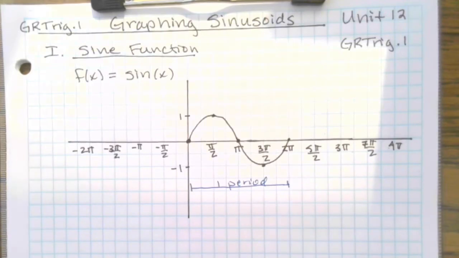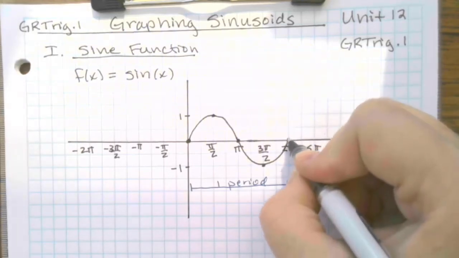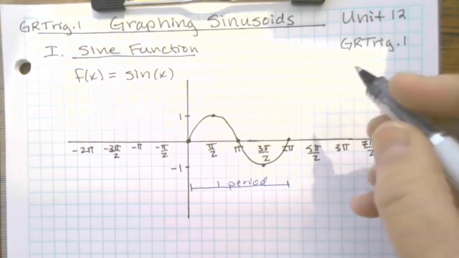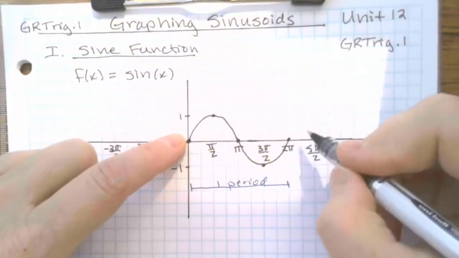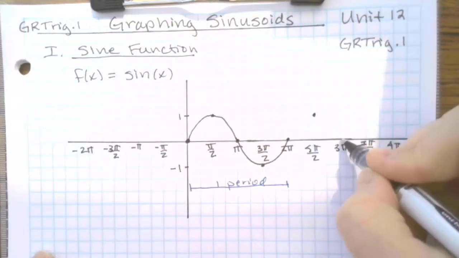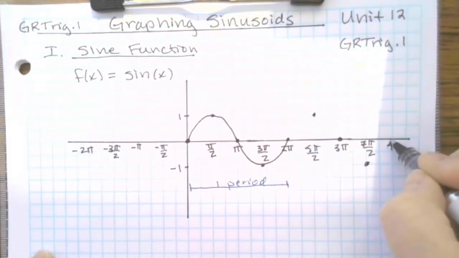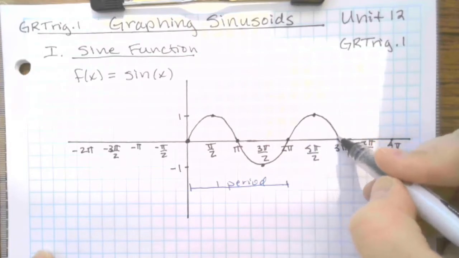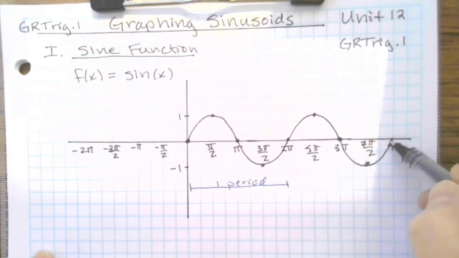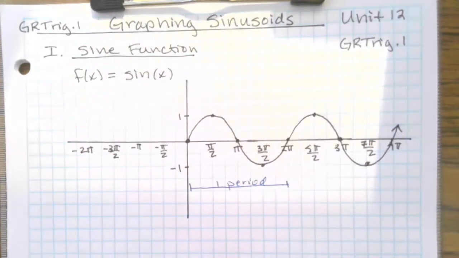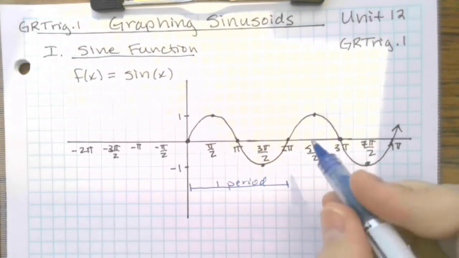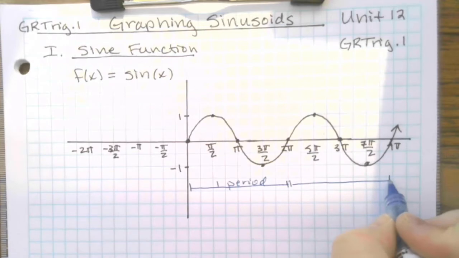And sine functions repeat the same period over and over and over again. So once you figured out the pattern and the values, then you can just simply dot them in. So 1, 0, negative 1, 0. And then at the end, you put an arrow because it keeps going. So this is 2 periods of the function.